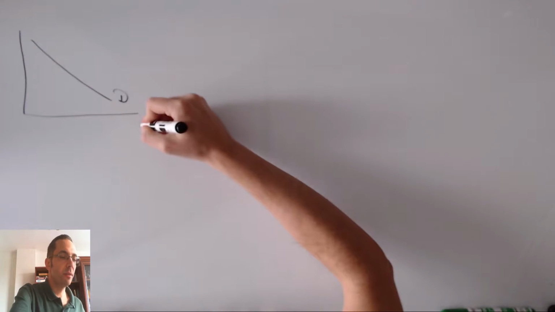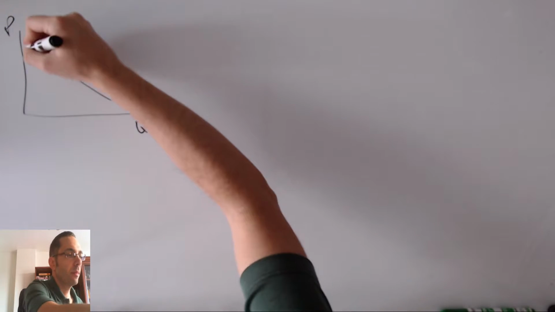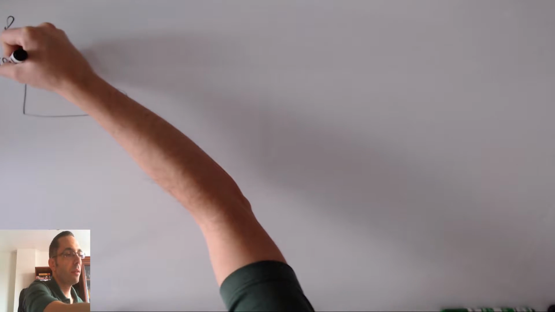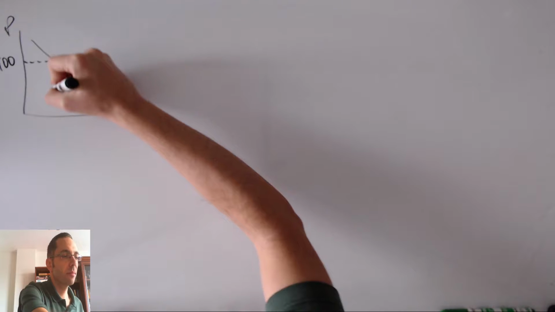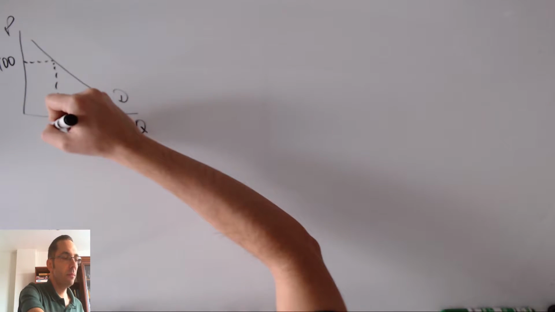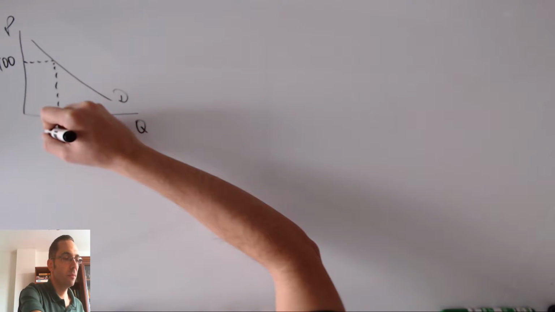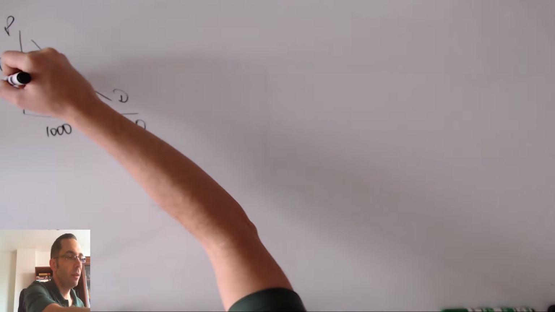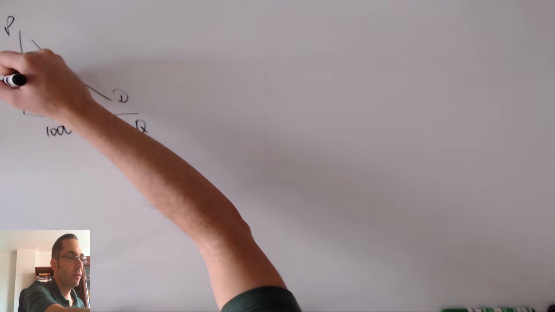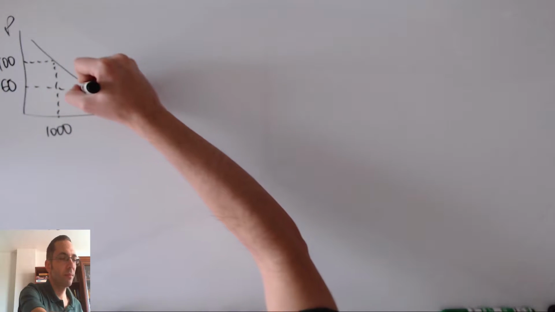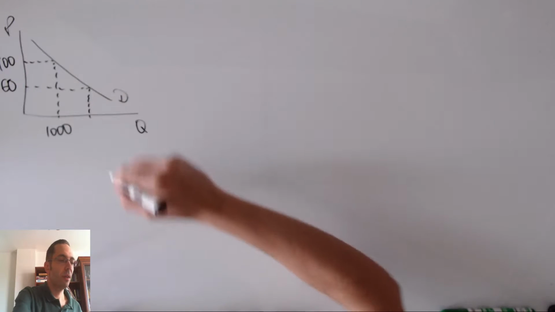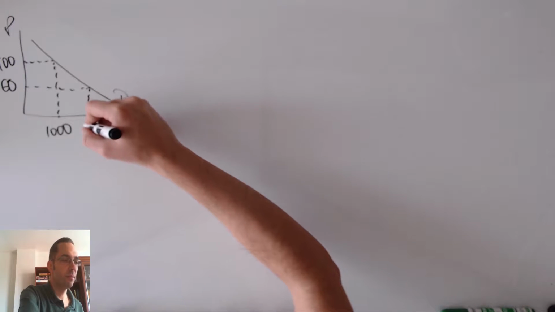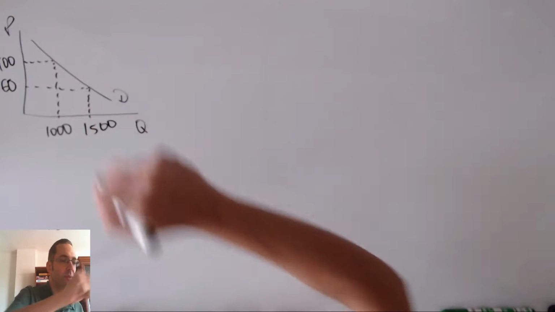Say something like this: 100, 1000, then 60, and 1500.